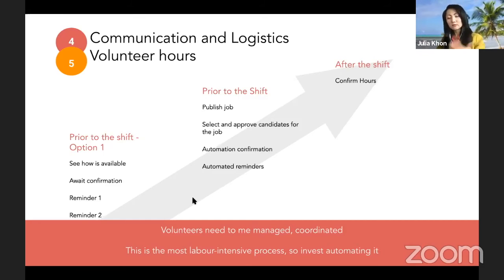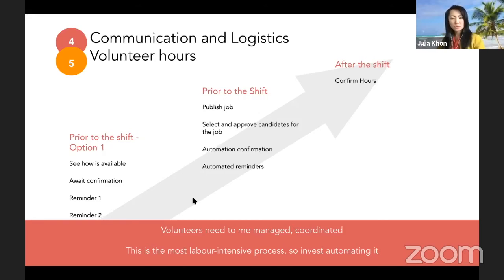And here's another thought: what if we do it in a different way? The column in the middle is option 2. What if we treat our volunteer needs the way organizations and companies treat jobs? The only difference in this scenario is that we're not necessarily providing monetary compensation for their services, but the idea is the same.